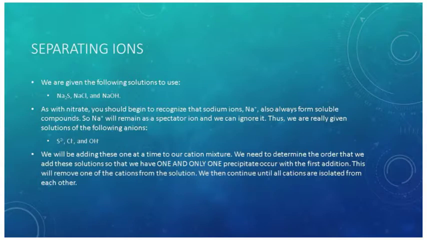Thus, we are really given solutions of anions: sulfide, chloride, and hydroxide. We will be adding these one at a time to our cation mixture. We need to determine the order in which we can add the solutions, so we only have one precipitate occurring with the first addition. This will remove one of the cations from solution. Then we can continue until all the cations are isolated from each other.